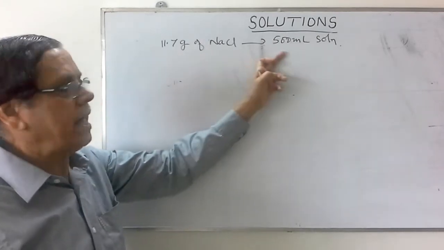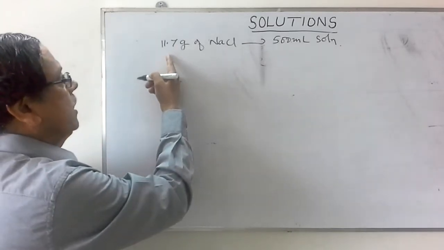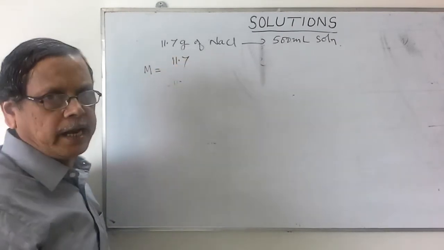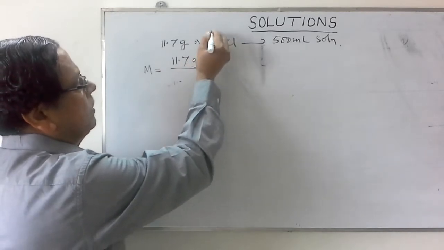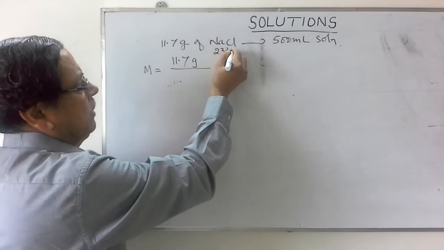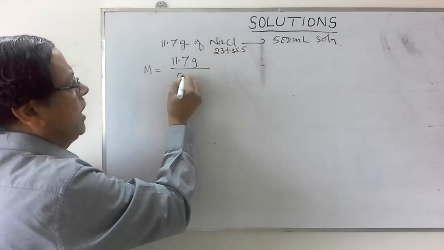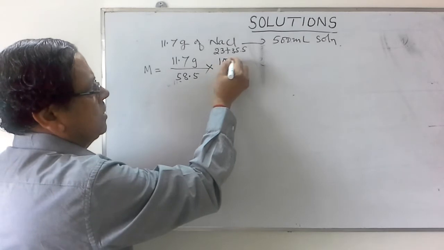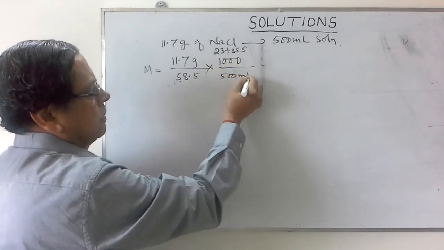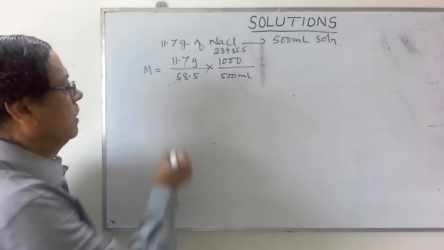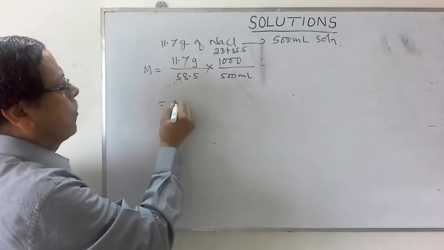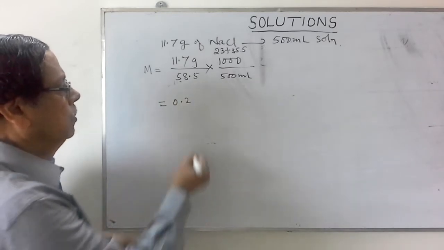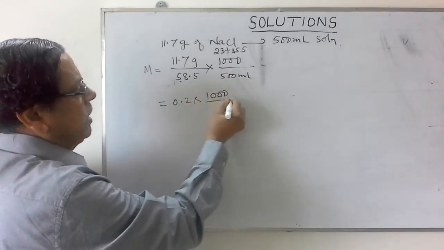While preparing the solution, first we have to dissolve this amount in a small amount of water or solvent, then make up the solution to the particular volume. Then to calculate the molarity of this solution, molarity is equal to mass of the solute, 11.7 grams, divided by molar mass of sodium chloride, 23 for sodium and 35.5 for chlorine, so it is 58.5, into 1000 divided by 500 ml. 11.7 divided by 58.5 is 0.2, into 1000 divided by 500, this is 2.